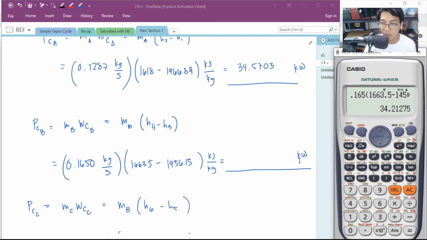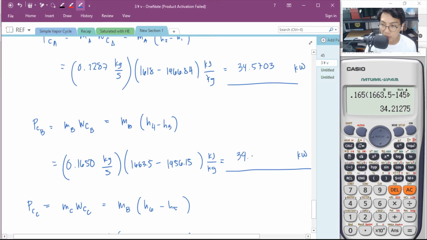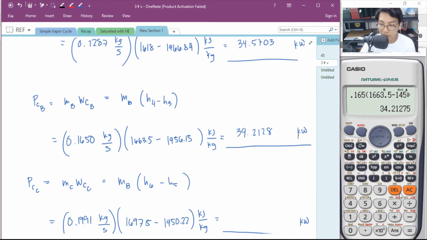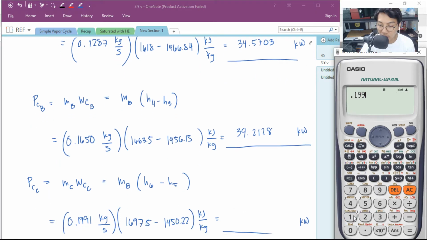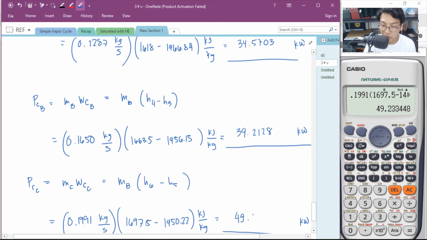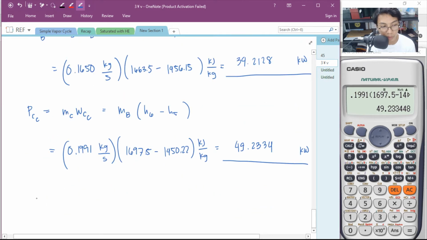That is 34.2128. Ito naman, 0.1991 multiplied to 1697.5 minus 1450.22. That is 49.2334 kilowatt.